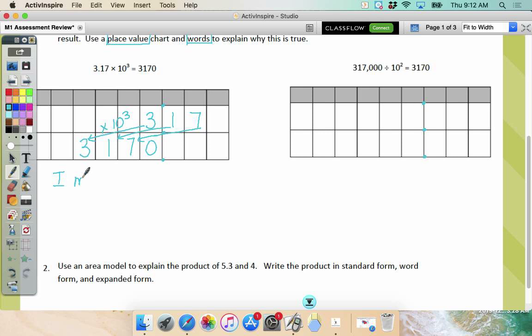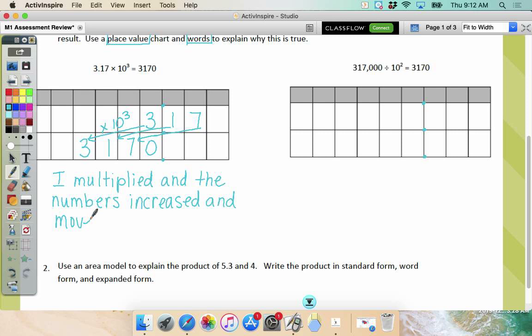I multiplied and the numbers increased and moved to the left.